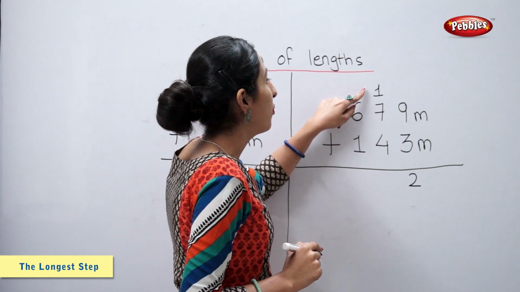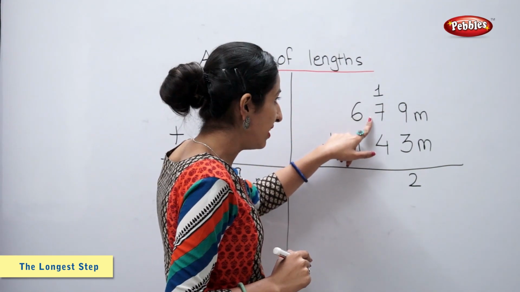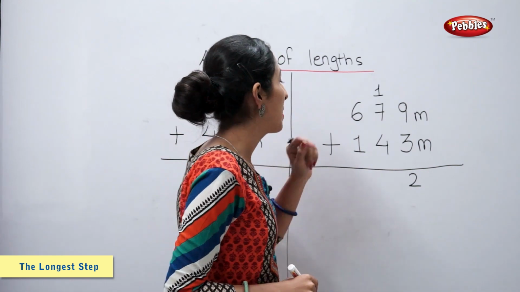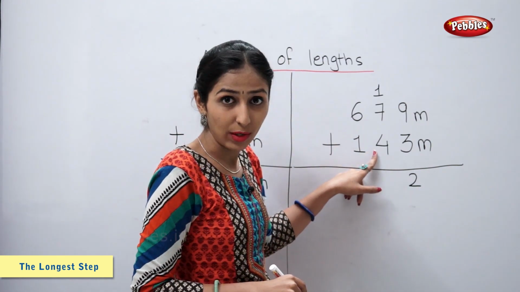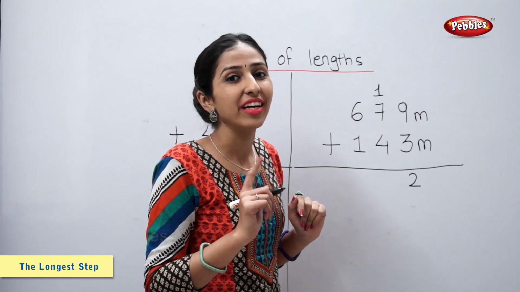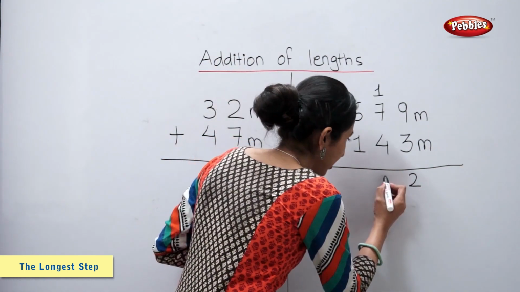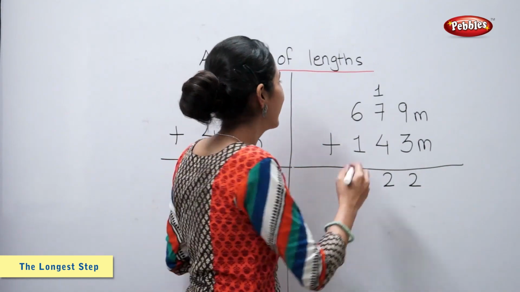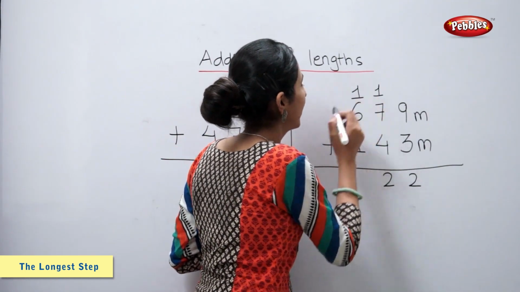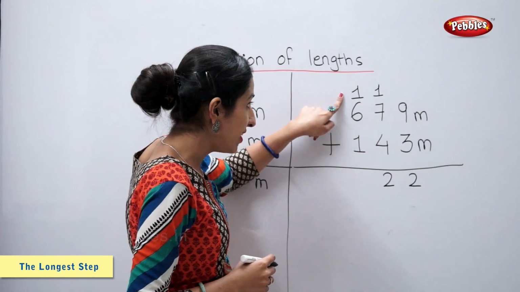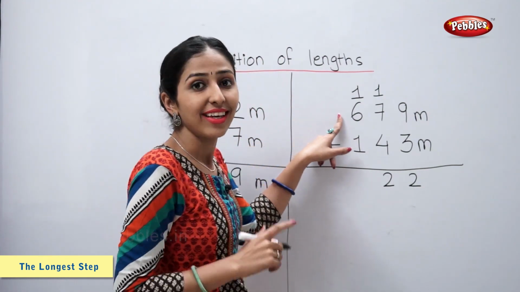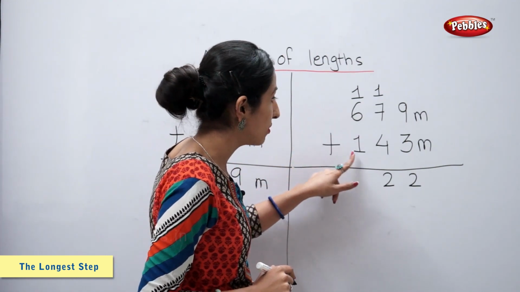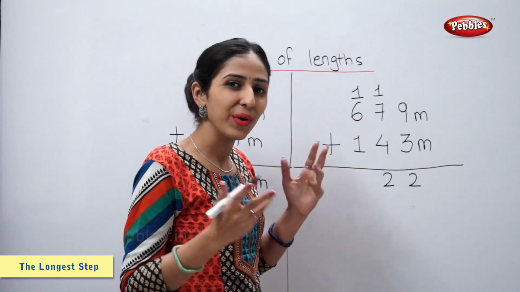Now, 1 plus 7 is equal to 8 and 8 plus 4 is equal to 12. So, let's write 2 here and 1 carry forward. 1 plus 6 is equal to 7 and 7 plus 1 is equal to 8.